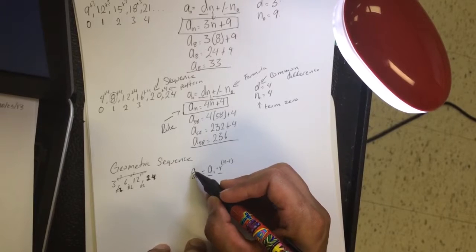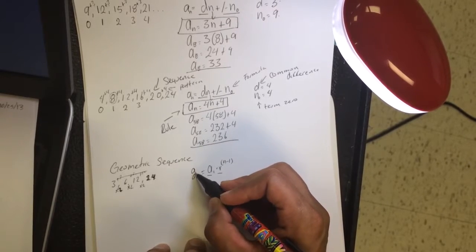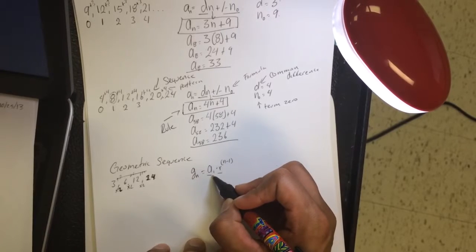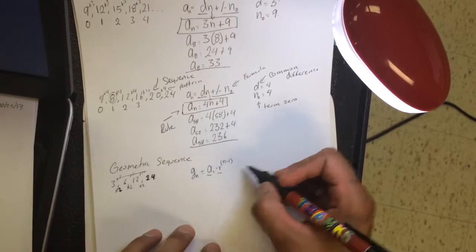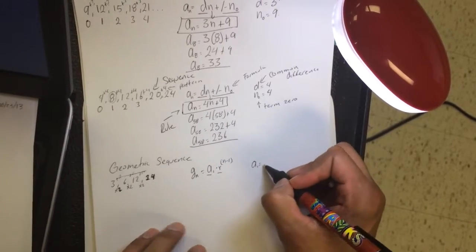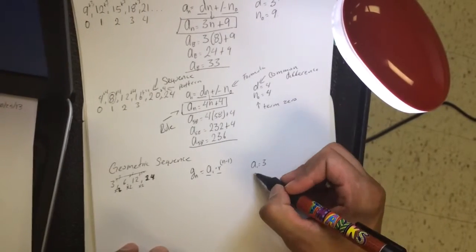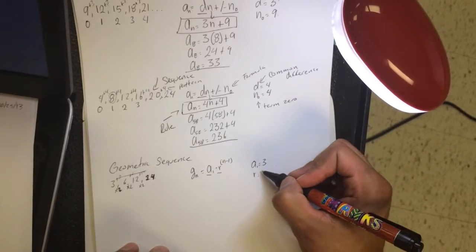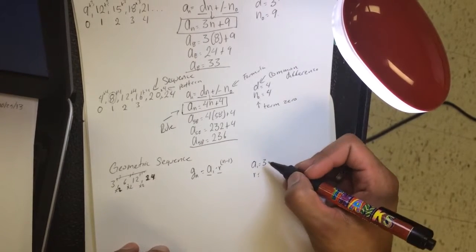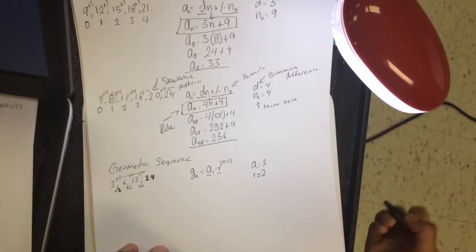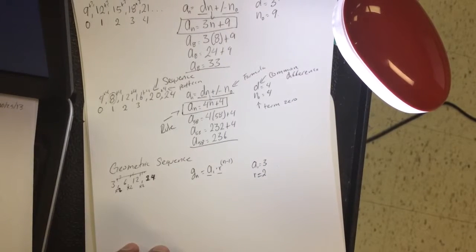A sub 1 is the value of the first term. What is the first term? 3. R is the common ratio, the pattern. What's the pattern? Times 2. So you put 2. That's all you need to know.